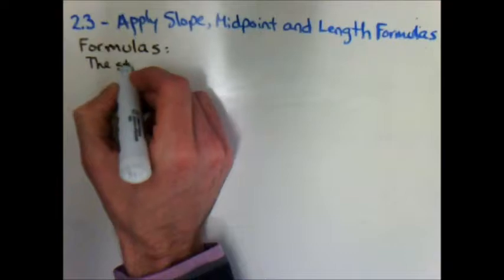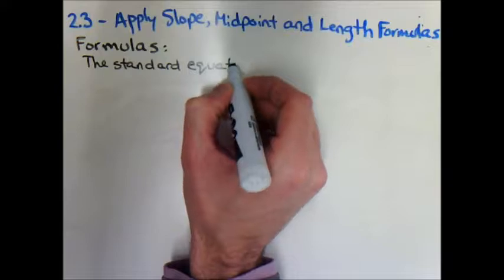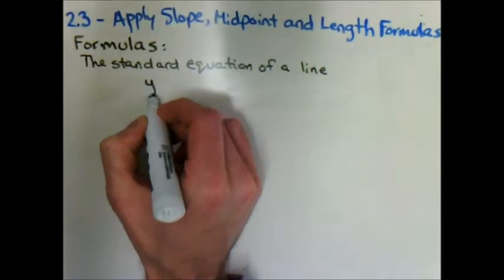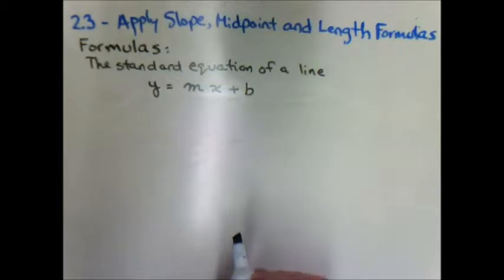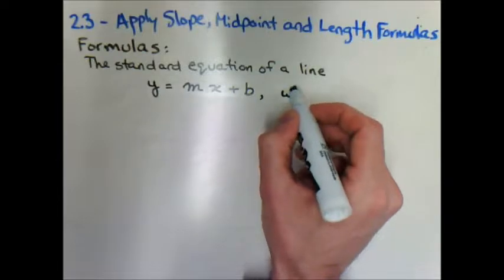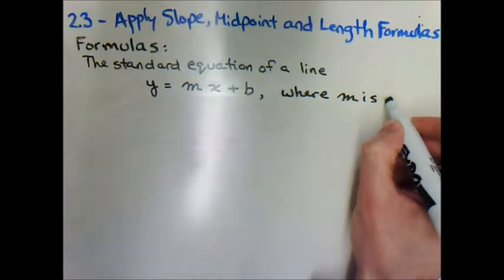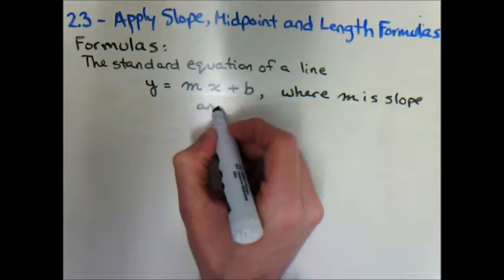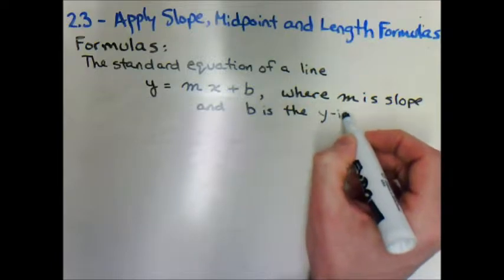The standard equation of a line is y equals mx plus b, where m is slope and b is the y-intercept.